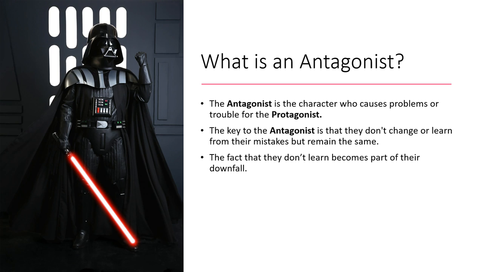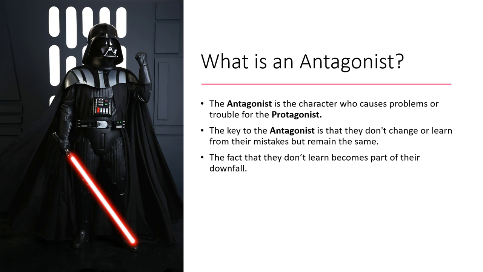The key to the antagonist is this, that they don't change. They don't learn from their mistakes, and they remain the same all the way through the play or the film. And the fact that they don't learn becomes part of their downfall. They don't keep up with the changes that are taking place in the protagonists. So quite often in the films that we watch and the plays that we watch, the antagonist starts on top.